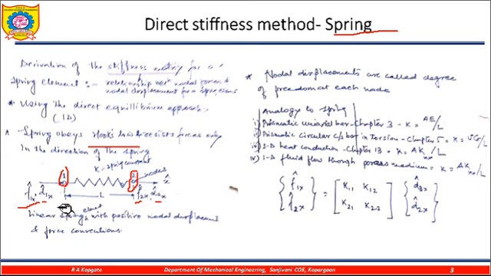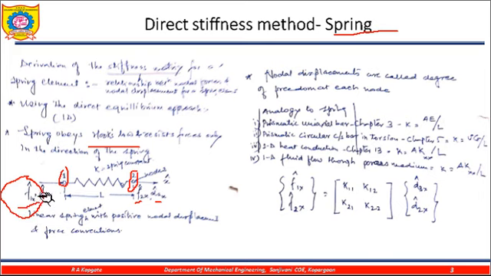So whenever I am designating the force, I write F1x. In the subscript I am writing 1x. 1 is at node 1, and x is along the x-axis. If I write y here, then that is along the y-axis, and on the top of this I use a cap. So this is the local coordinate system.